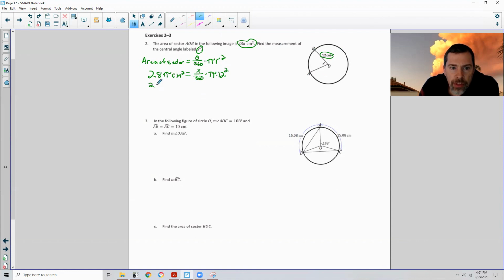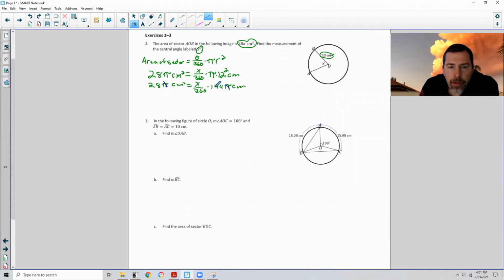So substitute and simplify now. 28 pi cm squared equals, and this would be cm here, by the way, x over 360 times 144 pi centimeters. The pi's cancel.